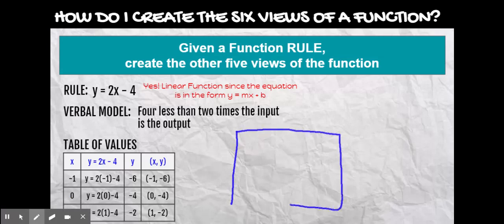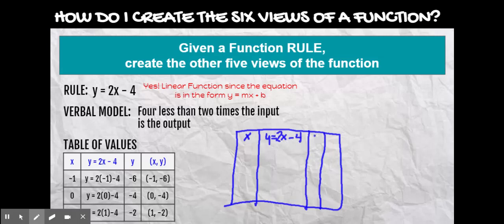So on your paper, I want you to draw a big rectangle and then break it into 4 columns. That second column needs to be the largest, and technically that last column needs to be a little bit bigger, so that your work column is your second and your ordered pairs is your fourth. Your first column will represent your input values, what you're putting into this function. That center is your work, so that's where your rule goes so that you can see the processing of that function machine.